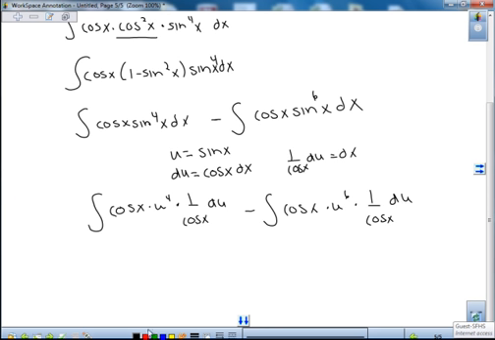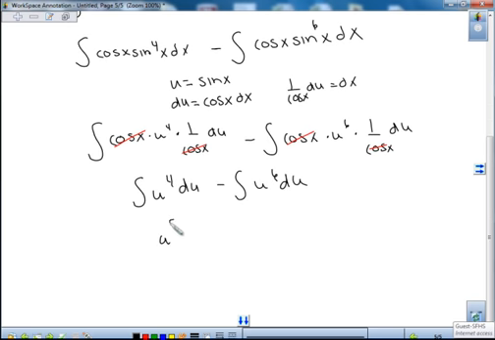Notice how the cosine of x will cancel for both terms. So I'm going to have the integral of u to the 4th du minus the integral of u to the 6th du. This is going to be u to the 5th over 5 minus u to the 7th over 7 plus c. And u was sine.